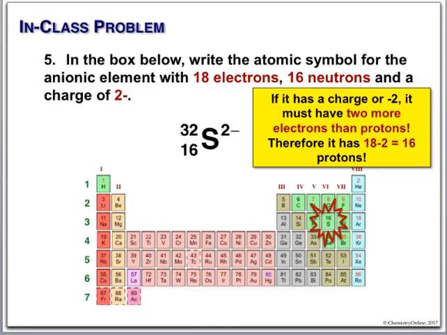I got a question. Yeah. Why do you put the mass number at the top on the left side instead of on the bottom of the S like it has it on our periodic table? You know, I think that's really cruel that people do that. When you look at the periodic table, the atomic number is always up top and the mass is on the bottom. Right.